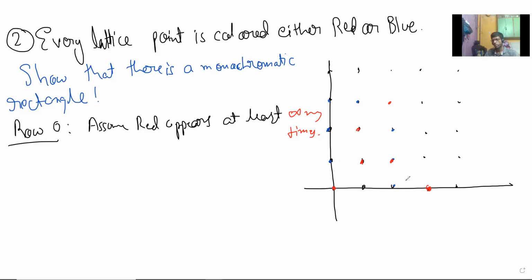So on the same level, there are two reds, but then what can we say about the level above? In the first level, it could happen that these two are blue, or it could be red, blue. You cannot yet say.